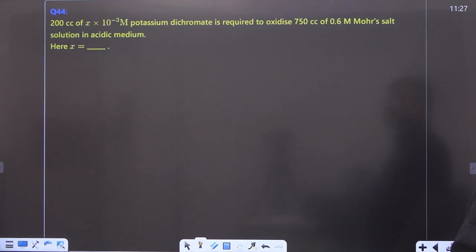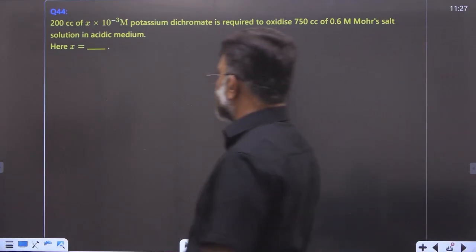200 cc of X into 10 power minus 2 molar potassium dichromate is required to oxidize 750 cc 0.6 molar Mohr salt solution in acidic medium. What is X?